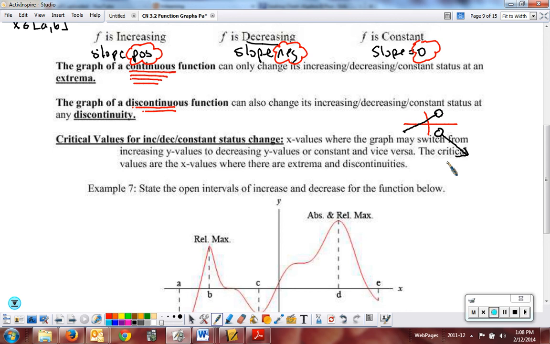And you just go through and put relative extrema on there for your situation. We will come back to this.